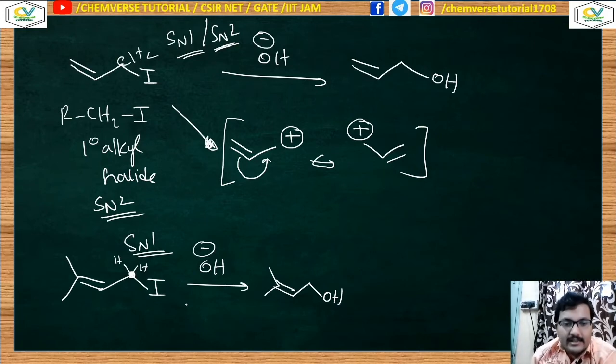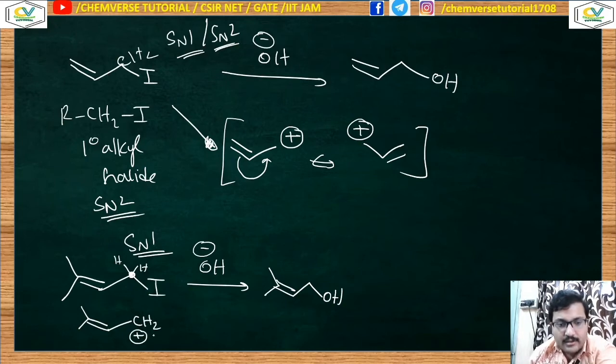But over here, if I remove the iodine, that means the leaving group, it will produce this kind of allylic carbocation. This bond will shift over here to produce this kind of resonating structure. And look at this.